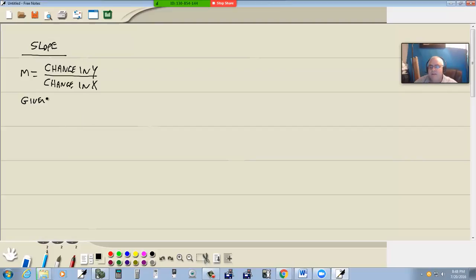Now, given 2 points, x1, y1, and x2, y2, our slope is going to be given by this formula, y2 minus y1 over x2 minus x1.